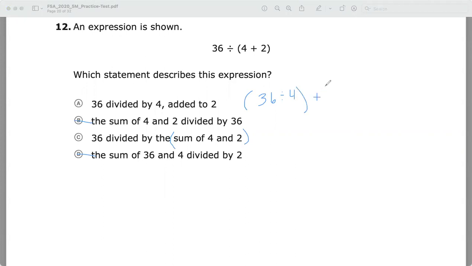You wouldn't even really need parentheses for that. It could just be 36 divided by 4 plus 2. But answer choice C is definitely the correct answer: 36 divided by the sum of 4 and 2. So 4 and 2 is grouped together in parentheses, and 36 is divided by that.